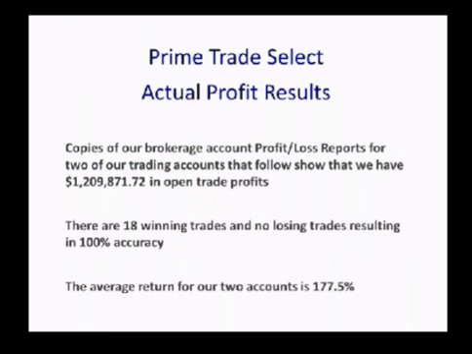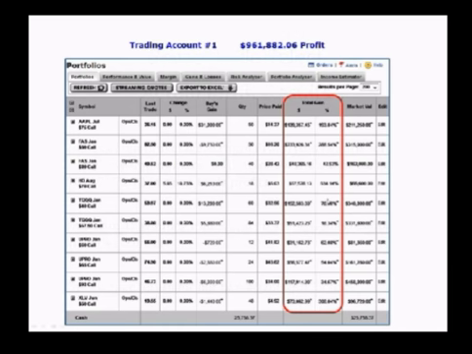And here's an example. This is a snapshot of open trade profits. We have two accounts. This is my larger retirement account, and this column lists the option that we bought, the quantity, the price we paid, the last price, and then our dollar profit and percent gain.